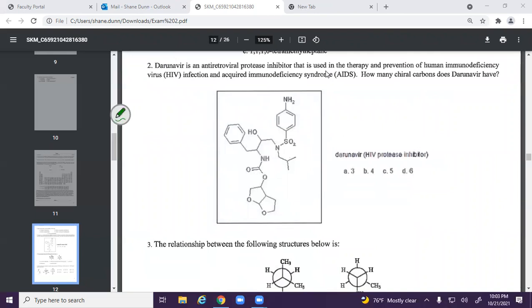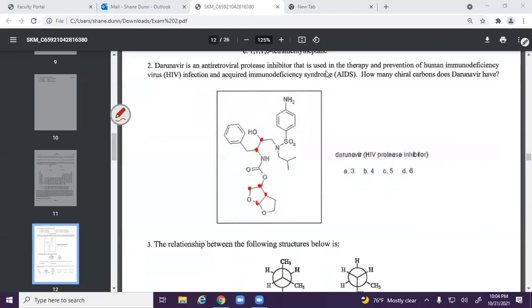We're going to do chiral carbons again. Okay. Here's 1, here's 2, here's 3, here's 4, 5, 6. Oop, there's 5. Messed up where?